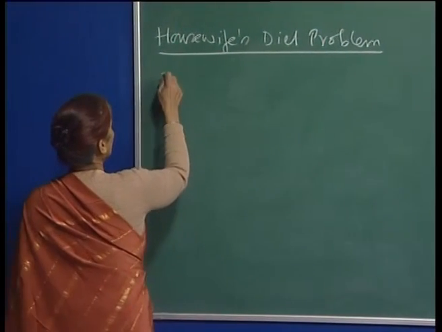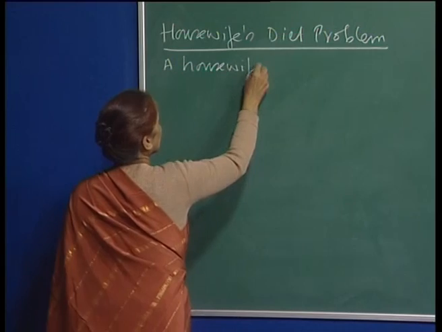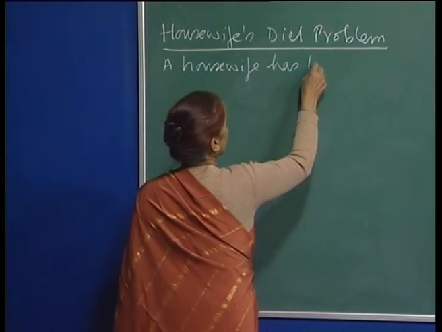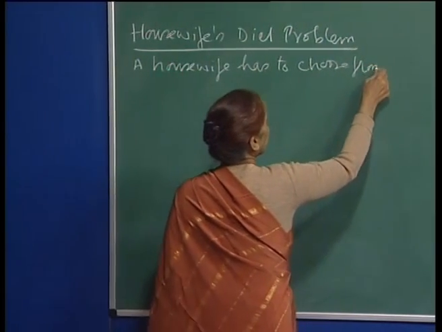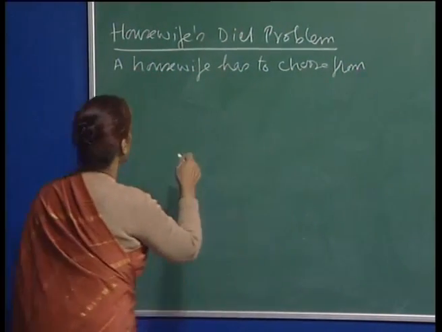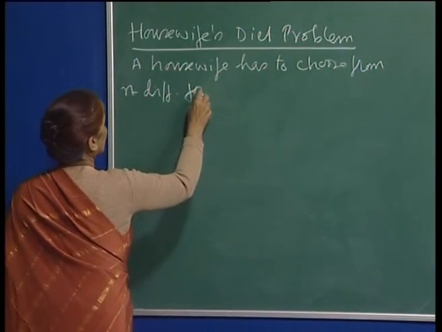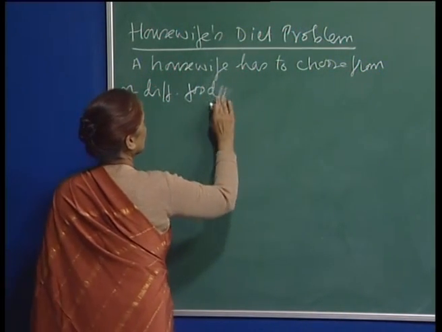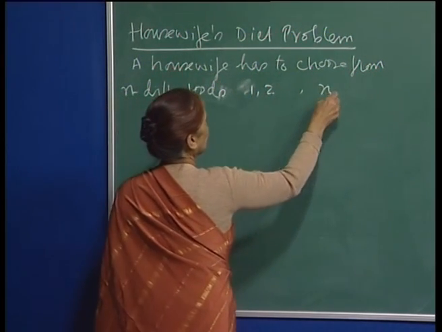Suppose a housewife has to choose from n different foods, foods 1 to n.